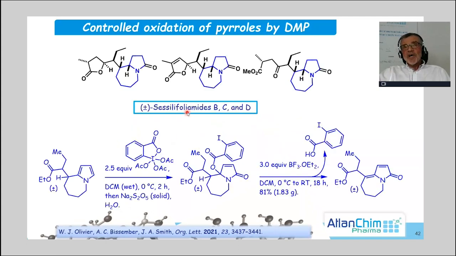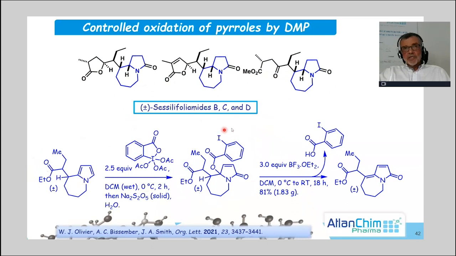As an example of this oxidation of N-substituted pyrroles, in the total synthesis of this polycyclic lactam-containing alkaloid, oxidation of this pyrroloazepine here, following the previous conditions, provided this intermediate.